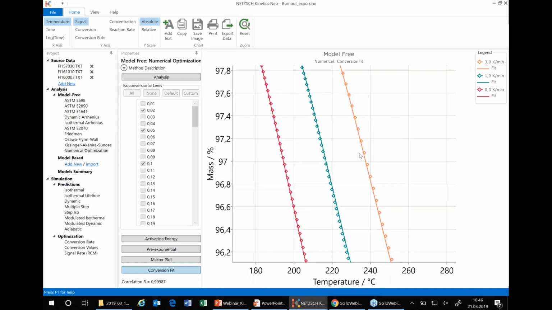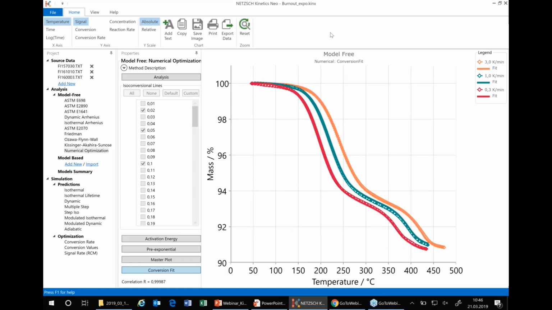Points are experimental data, and the lines are simulated data. For example, red is simulated data for 0.3K per minute, green is for 1K per minute, and orange is for 3K per minute. Now we have 3 simulated curves which are everywhere in agreement with our experimental curves.